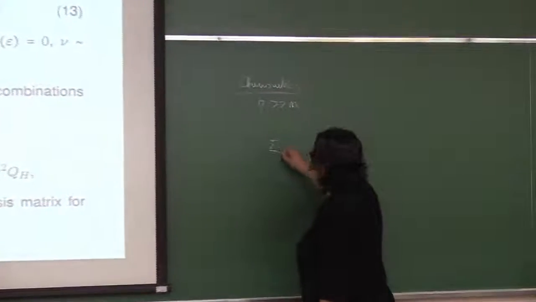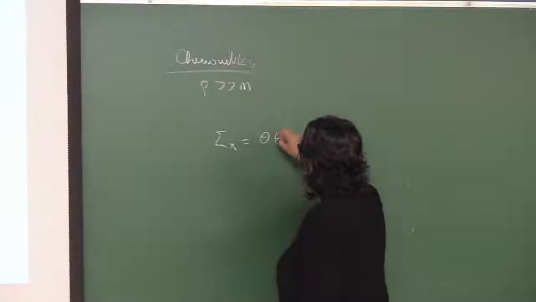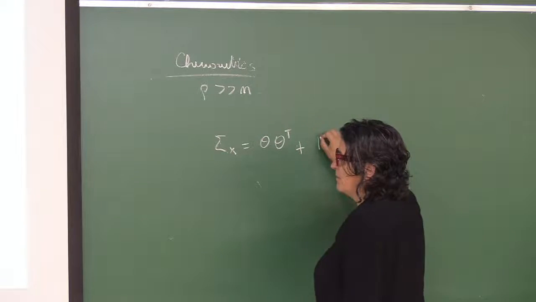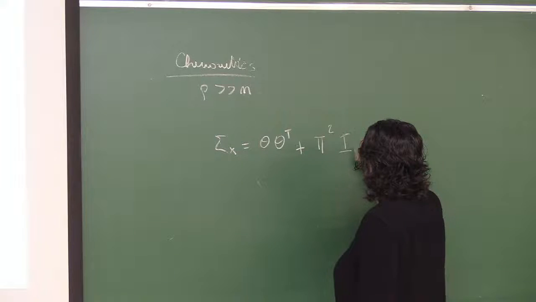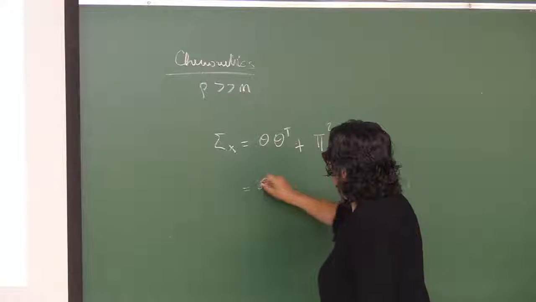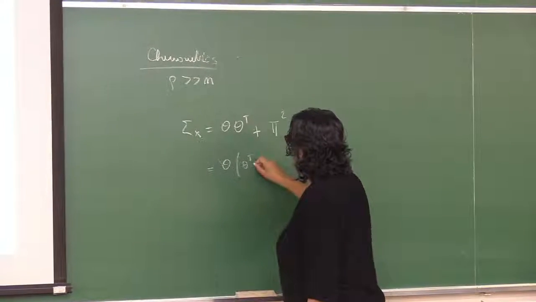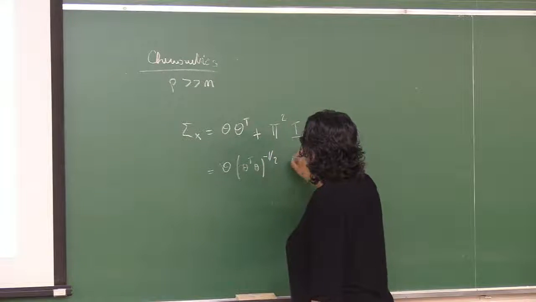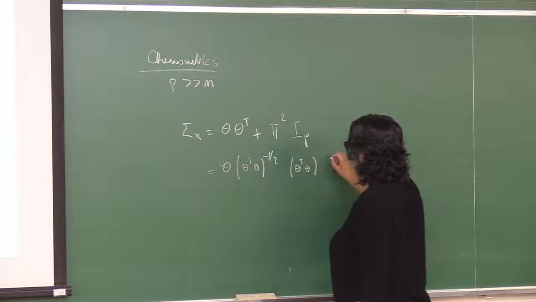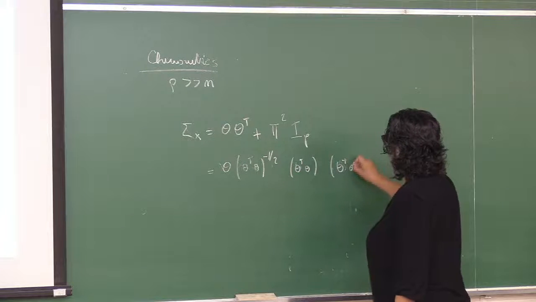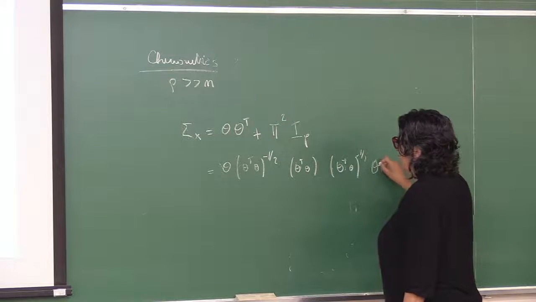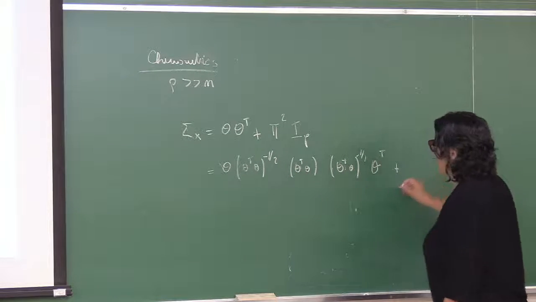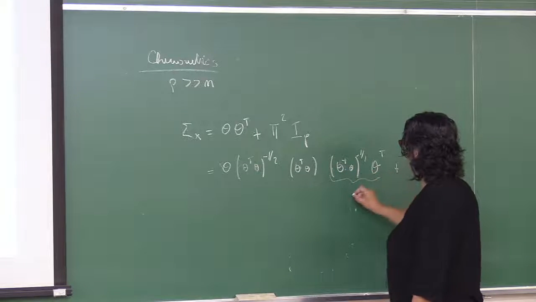Sigma_X is theta theta transpose plus pi squared I_p. I write this as theta (theta transpose theta)^(-1/2). I do the same here. Plus, okay, this is going to be called H.